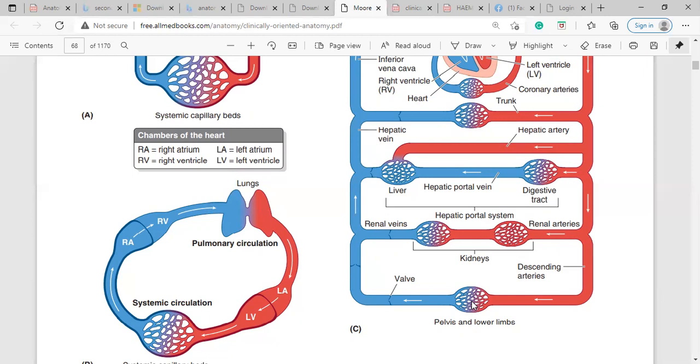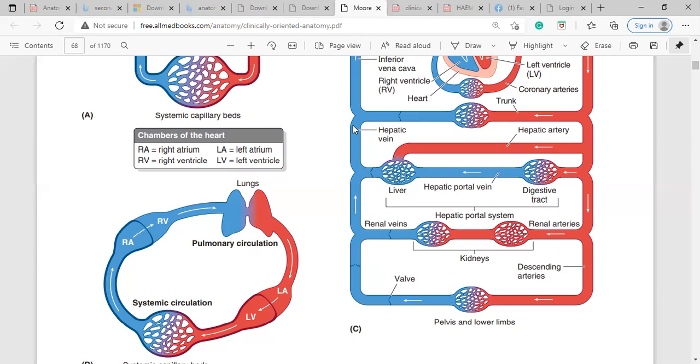So instead of carotid vein, you have jugular vein. So you have carotid artery and jugular vein. Then for the kidneys, we have the renal veins, taking the blood from the kidney. And then from the liver, we have the hepatic vein. So remember, hepatic portal vein does not take blood away from the liver.